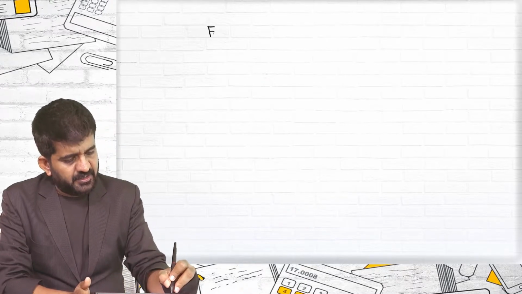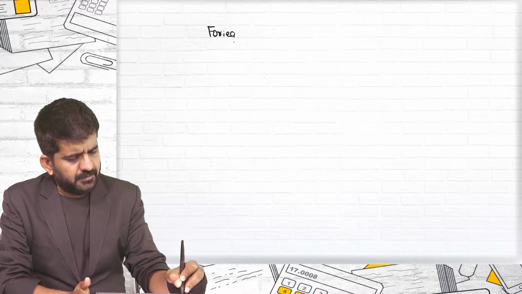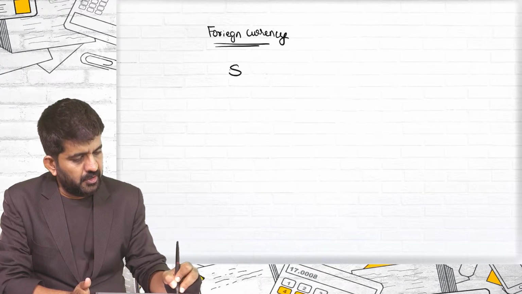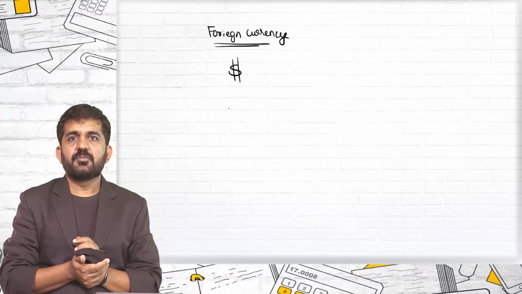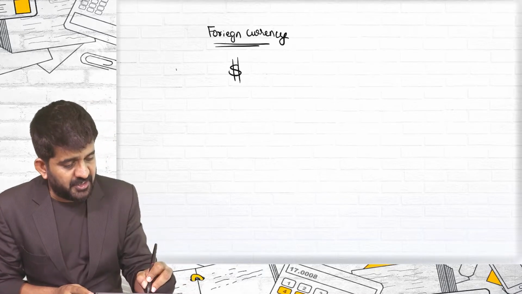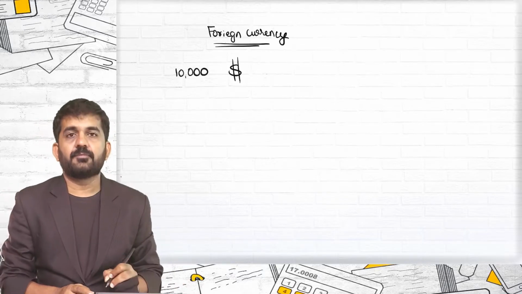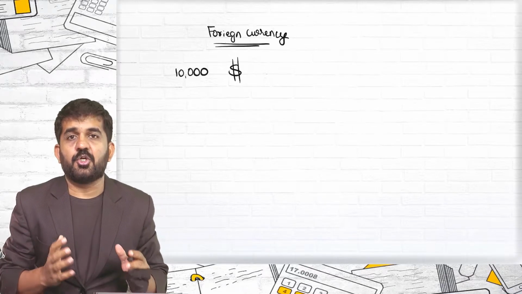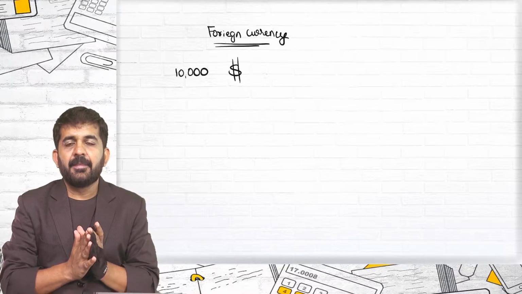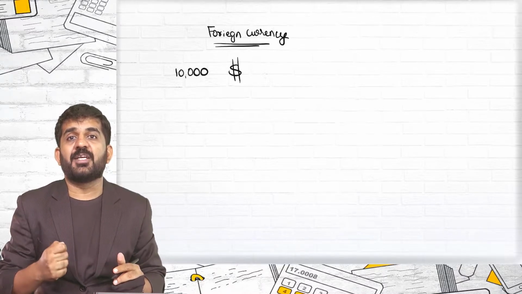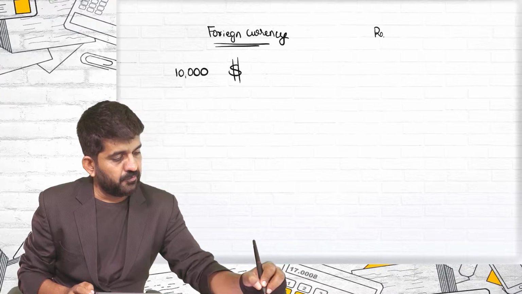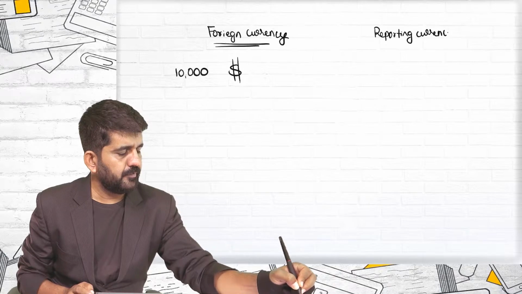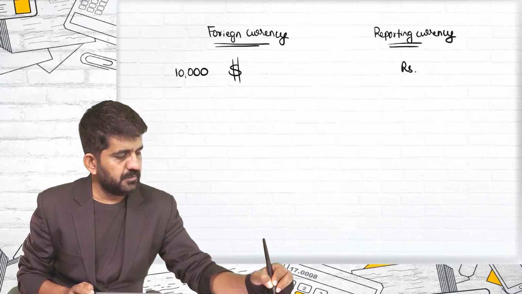See, foreign currency in our example is the US dollar. Say the fixed asset at our USA branch is $10,000. When you are preparing a consolidated financial statement, your consolidated balance sheet, you will have to convert this fixed asset into Indian rupees because our reporting currency is rupees.